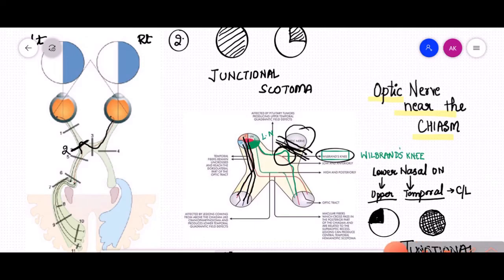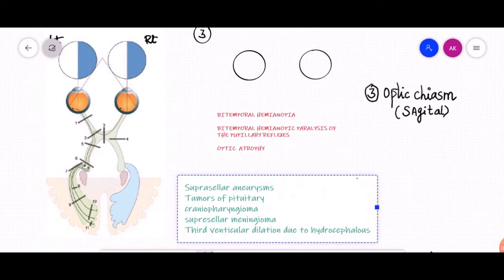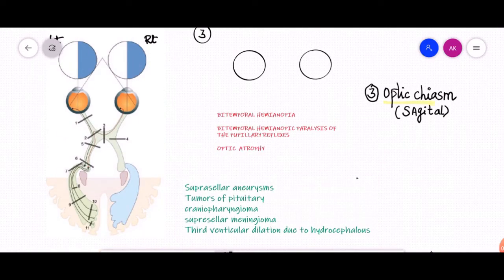The third lesion is the lesion of the optic chiasm. Let us talk about the sagittal lesions, which will affect the optic chiasm sagittally, represented by number 3 over here. As we already know, in the optic chiasm it is the nasal fibers which cross, and the temporal fibers do not cross and just pass uncrossed.